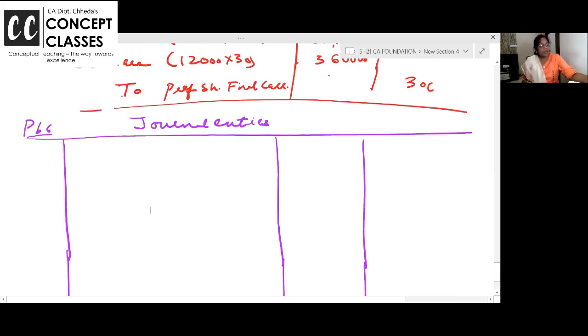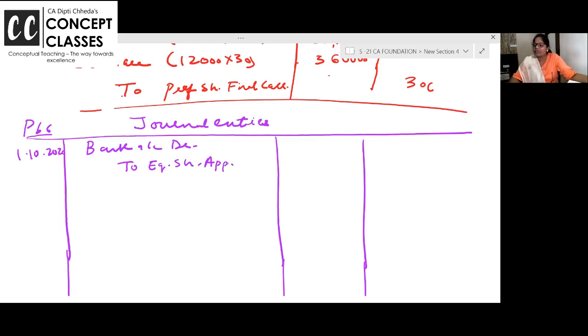On 1st of October 2020, application money is received. Bank account debit to equity share application account. How much is received?